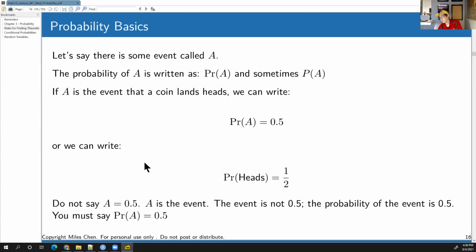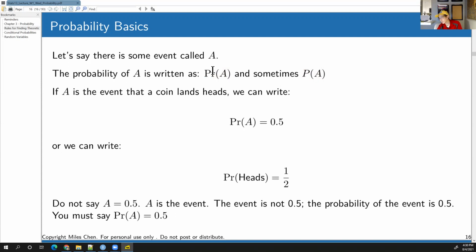All right, so let's get into kind of notation and the mathematical stuff that goes into probability. So these are kind of the basics. We're going to say there's some event. We're going to just call the event A, and the probability that event A happens is written as PR of A, sometimes just P of A, okay?